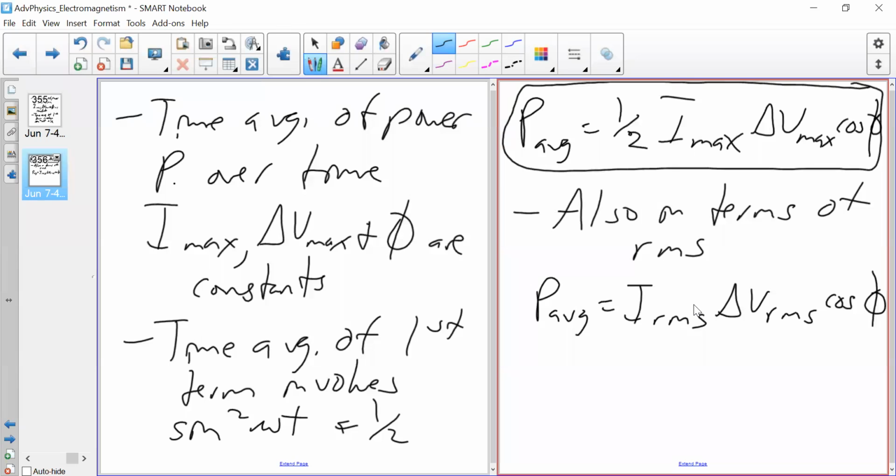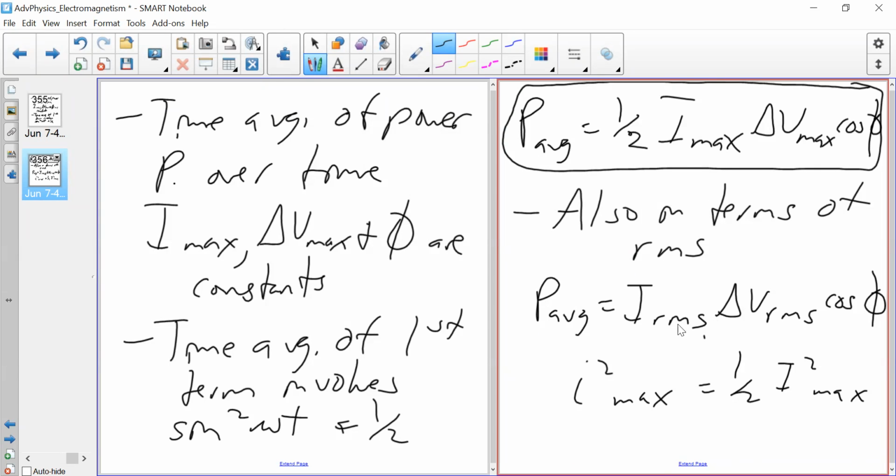It's basically the square root of the square of this, which equals that. And so when we square root all of that, we get the RMS, which comes out to be 1/2 I max. Actually, it's going to be radical 2. Yeah, it's going to be radical 2.